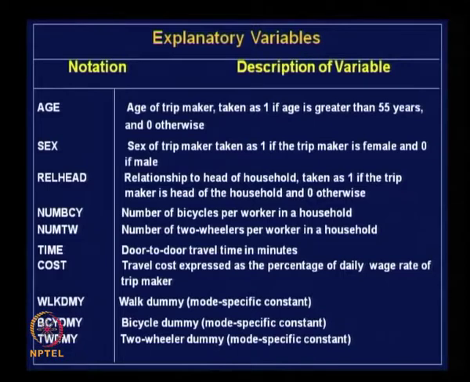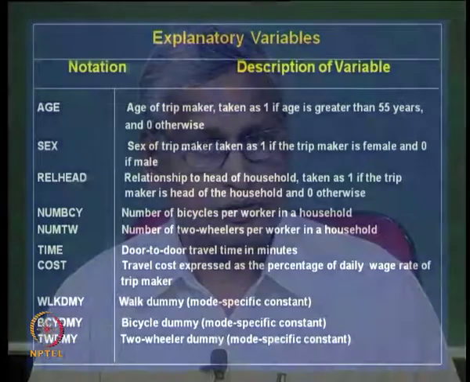And then walk dummy, bicycle dummy, two-wheeler dummy, again binary variables. So we have so many binary variables in our modeling process. This is the reality. We will have a lot of binary variables to distinguish between individuals, because we do modeling at a very high disaggregate level, treating each and every individual as a separate entity. That leads to this process of identification of variables, right.